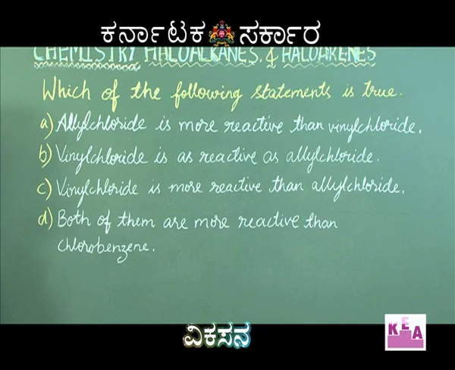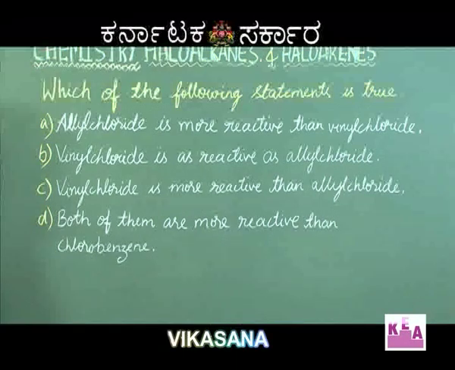In such questions, simply looking at the options we get confused and it is very difficult to select the correct option. So in such questions, we should find the basis of this reactivity order. We had looked into the different types of halogen derivatives.